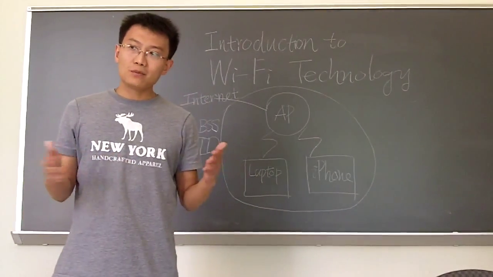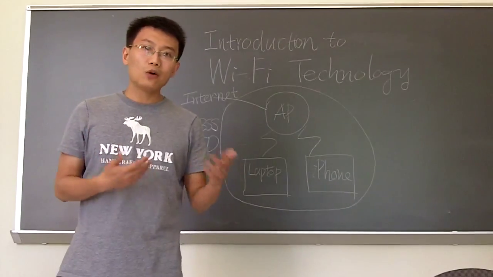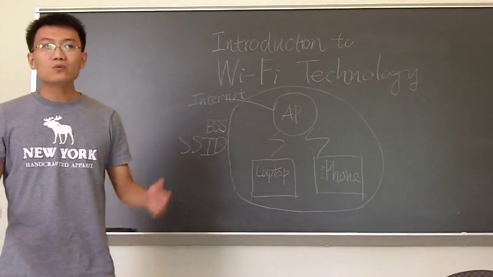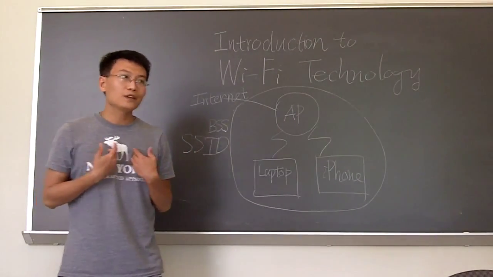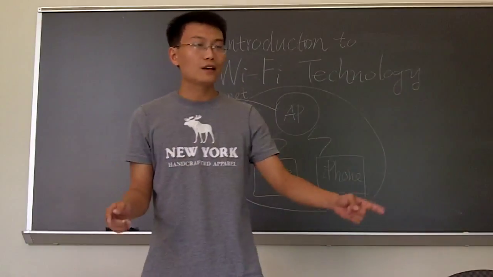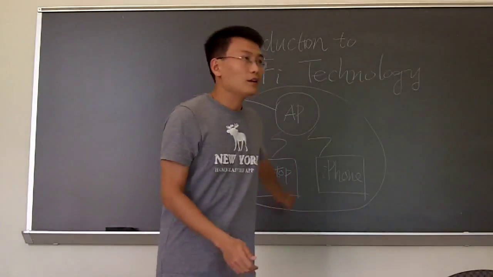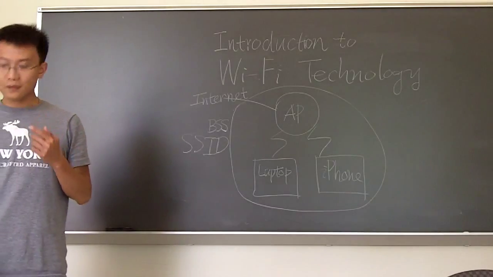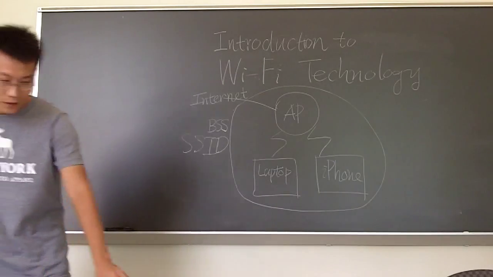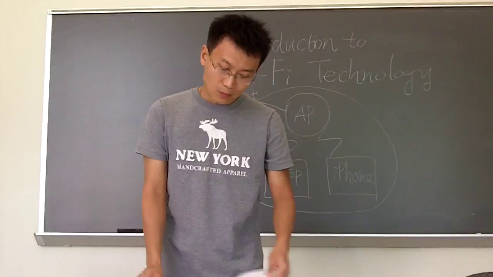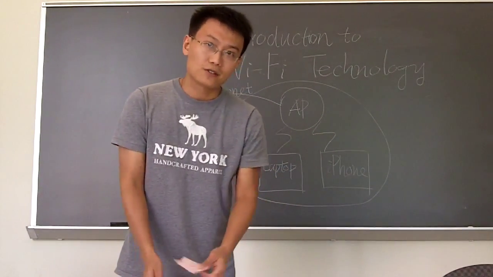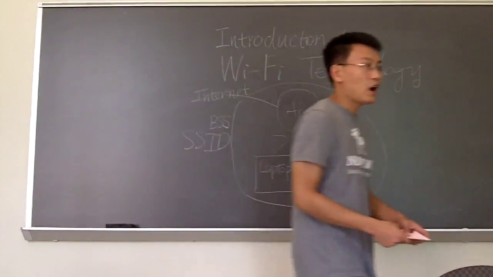Now we make some interaction to help us understand this technology. Suppose I'm an AP, and each of you guys is a wireless terminal. Now you can scan this network just by passively receiving my messages sent to you periodically.